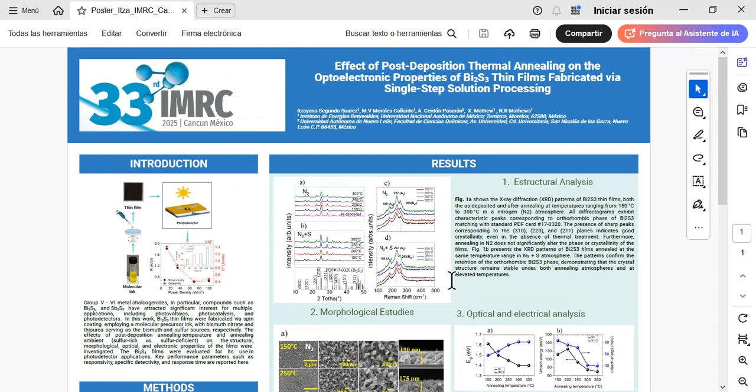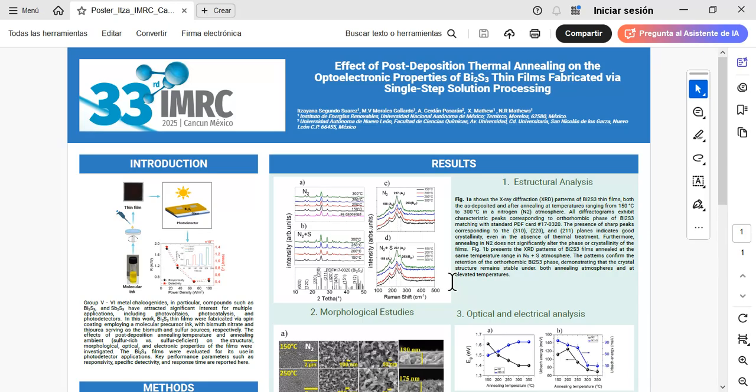In this work, bismuth sulfide thin films were fabricated via spin coating employing a molecular precursor ink with bismuth nitrate and urea serving as the bismuth and sulfur sources, respectively.